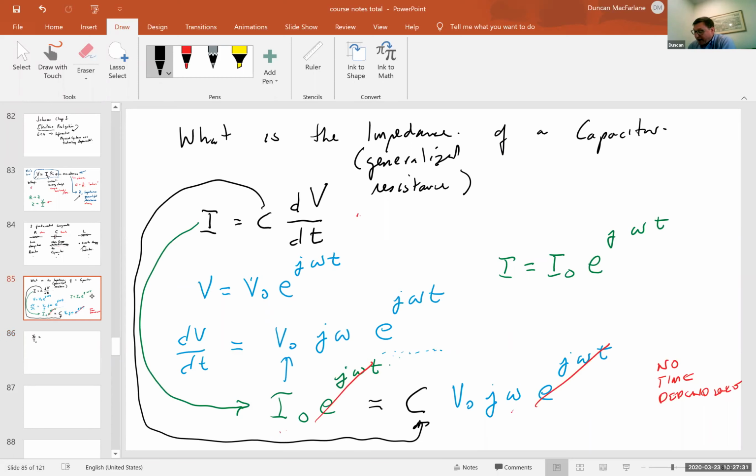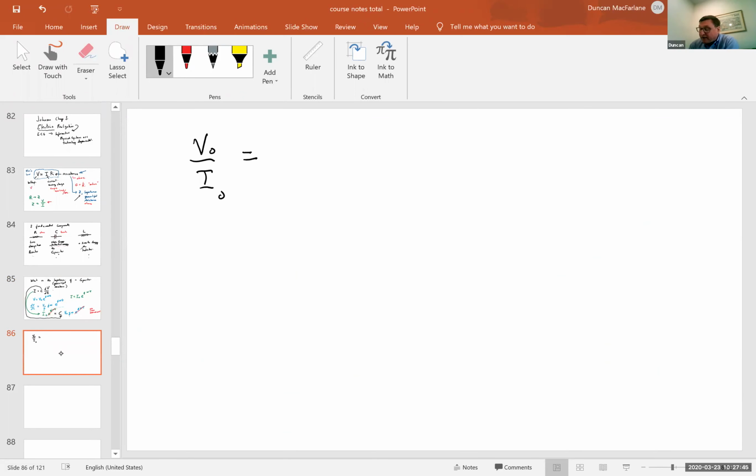So V over I, so I divide through by the I naught, and then I divide through by the C, I divide through by the j, I divide through by the omega. So I get V on top of I naught is equal to 1 over j omega C, and this will equal the impedance of the capacitor.